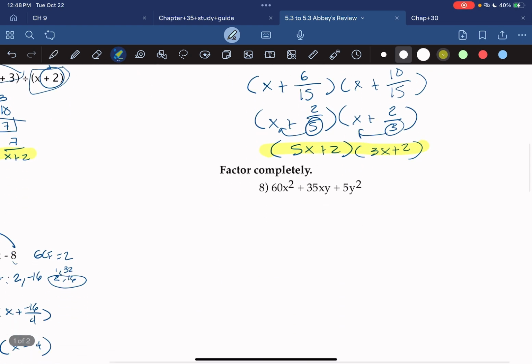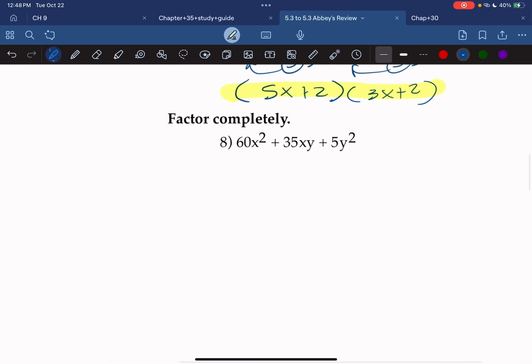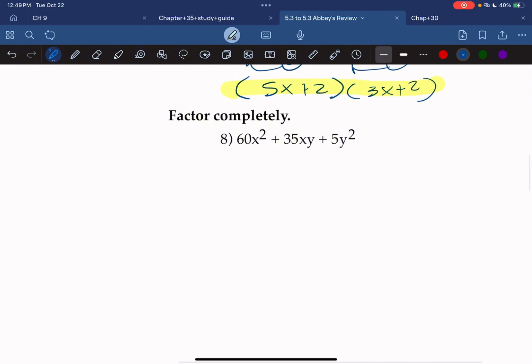Now for number 8, we have to find a common number between these. And our common number is going to be 5. Let's write it off to the side. Greatest common factor is 5. A, C, and B. 60 times 5 is going to give us 300.